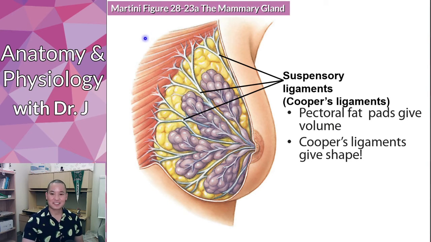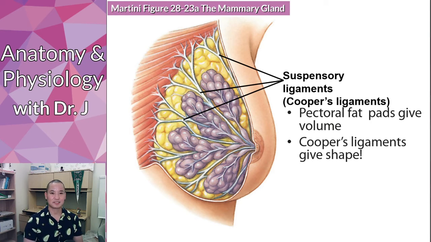So back to muscular anatomy. This is a pectoral fat pad, right? So you have the pectoralis major, and we have all these ligaments that are anchored to the pectoralis major. They did a small study on whether, if a woman does a lot of push-ups and builds up their pectoral muscles, these Cooper's ligaments will come along for the ride and help give a natural breast lift and shape.